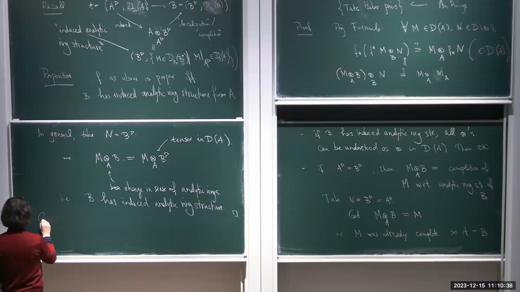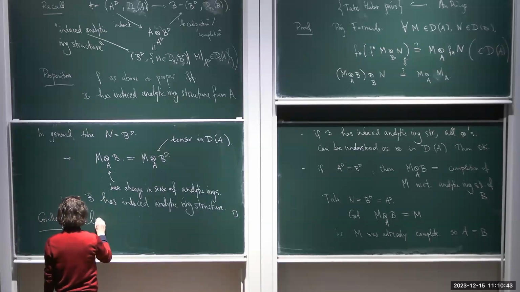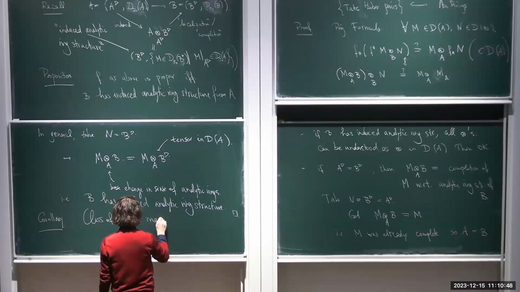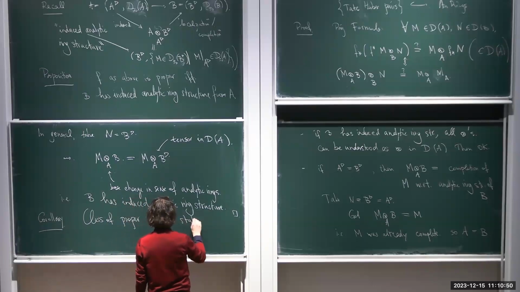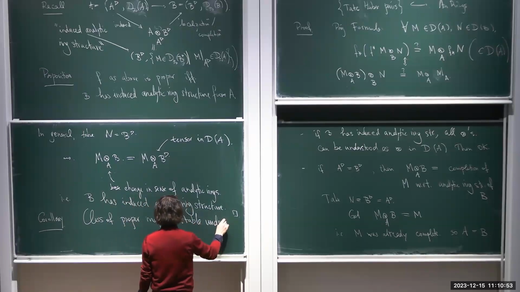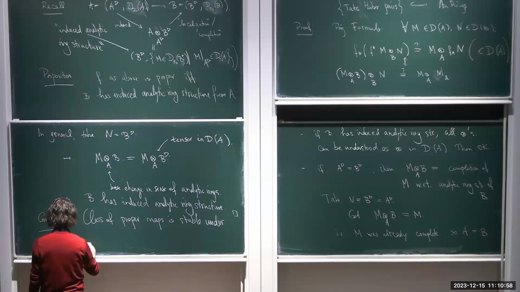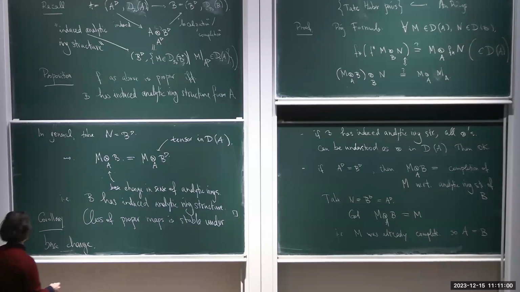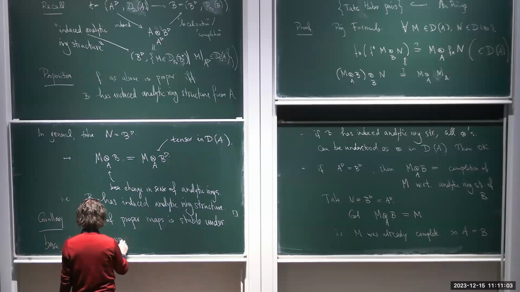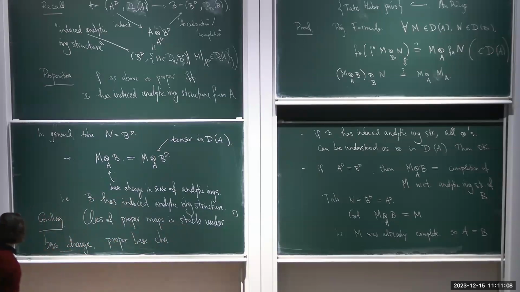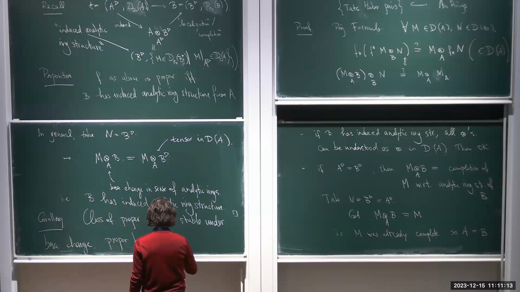Right. So corollary: the class of proper maps is stable under base change, and proper base change and the projection formula hold. So it tells you that after any base change, still the projection formula holds, but also proper base change holds.